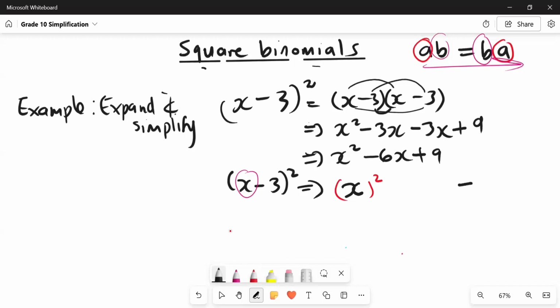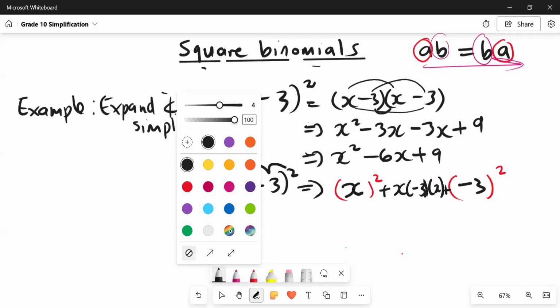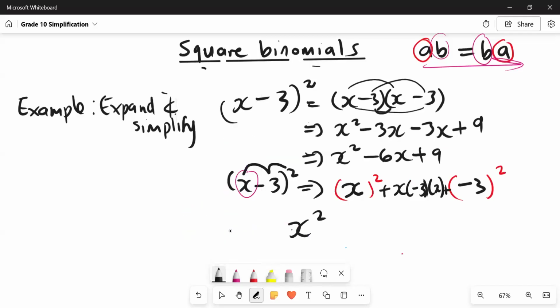And then to get the middle term, you multiply everything, meaning you multiply x times negative 3 times positive 2. So you'll have your plus x times minus 3 times 2, and then there's a plus there. So now the final answer would be x squared, that's just x squared, right? And then when you square the last term, you'll have your plus 9 there.